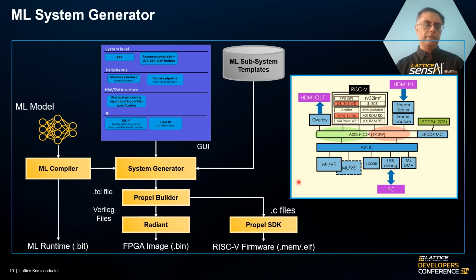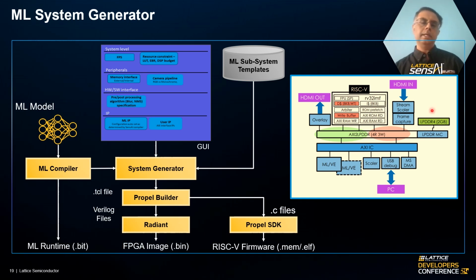For example, if the camera resolution and the model input resolution do not match, then we need to insert a scaler that enables the user to scale down the image. Similarly, we integrate with the RISC-V and processor.